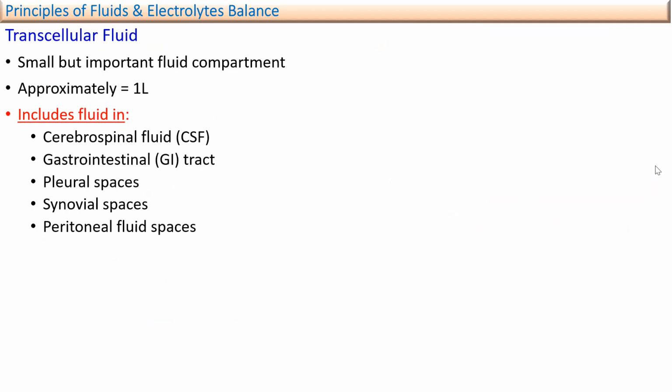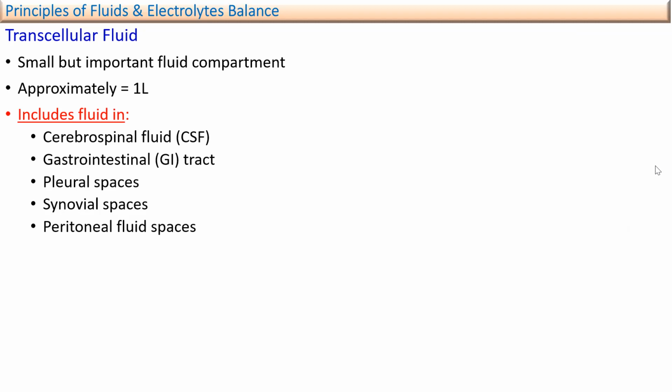However, the transcellular fluid is the smallest volume of these compartments, and the amount of fluids in this transcellular space accounts for about 1,000 ml, or 1 liter.